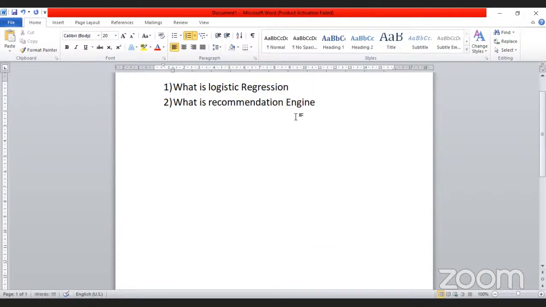The goal of a recommendation system is to generate a meaningful recommendation for a user on the basis of his previous ratings, recommending a product to the user.